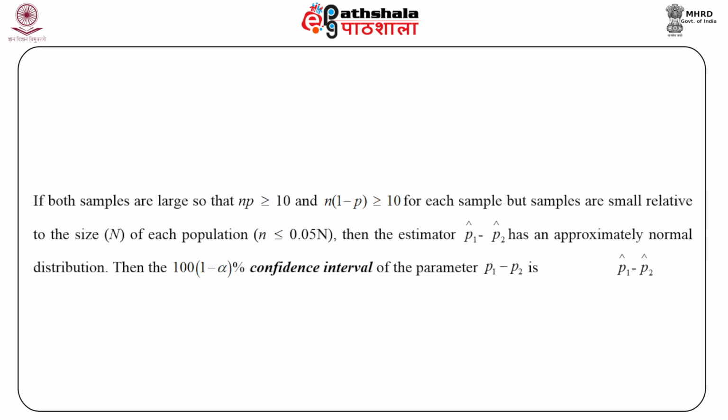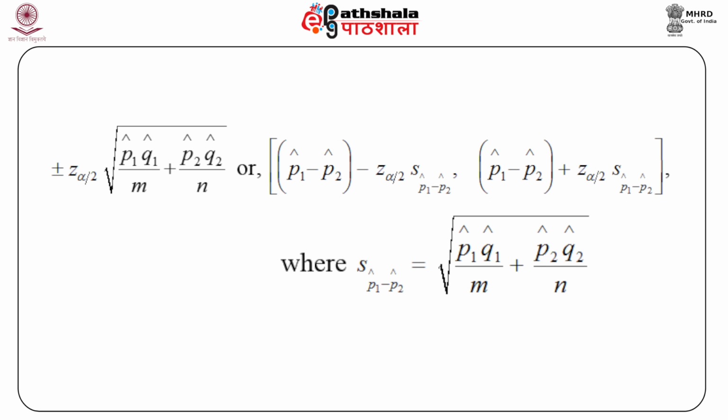Then the 100 into 1 minus alpha % confidence interval of the parameter P1 minus P2 is P1 hat minus P2 hat plus minus Z alpha by 2 into under root of P1 hat Q1 hat divided by m plus P2 hat Q2 hat divided by n.